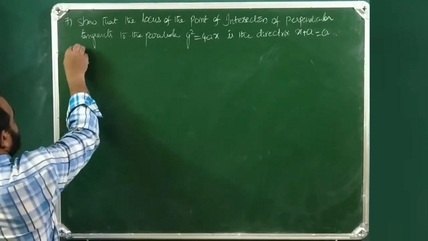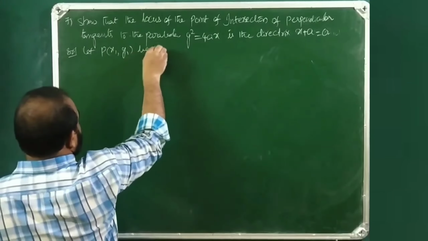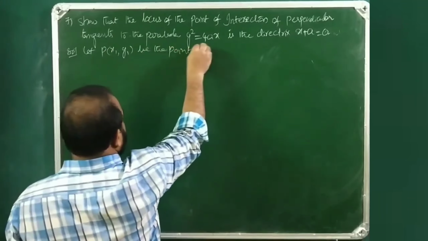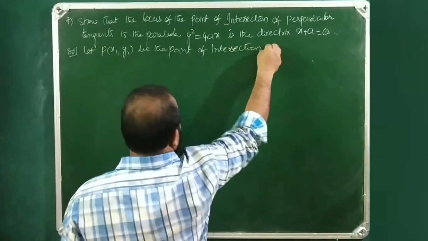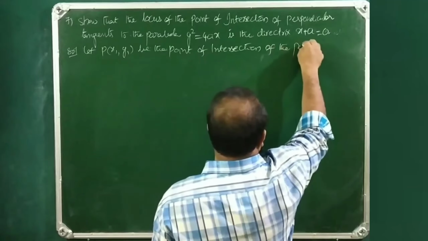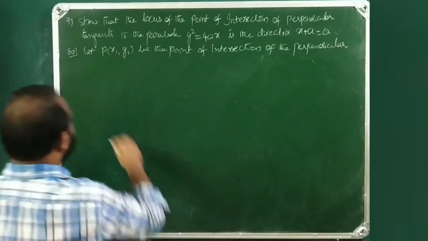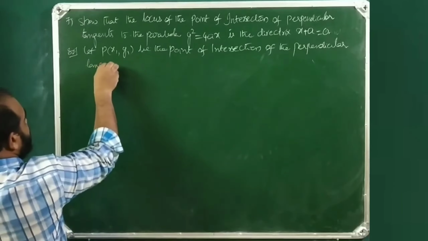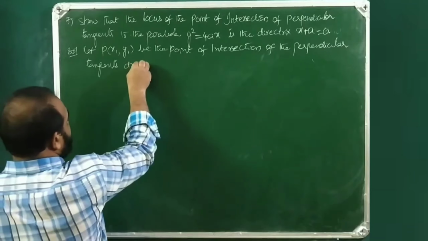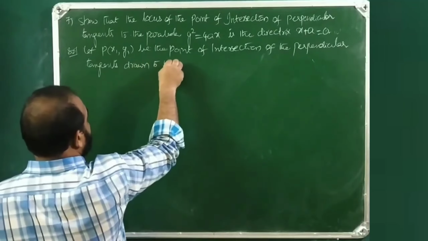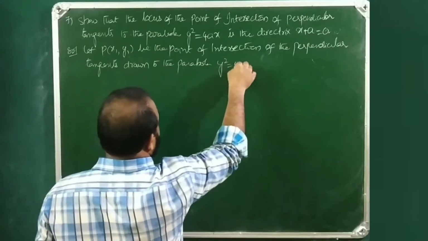So let P x1 comma y1 be the point of intersection of the perpendicular tangents drawn to the parabola y square equals to 4x.